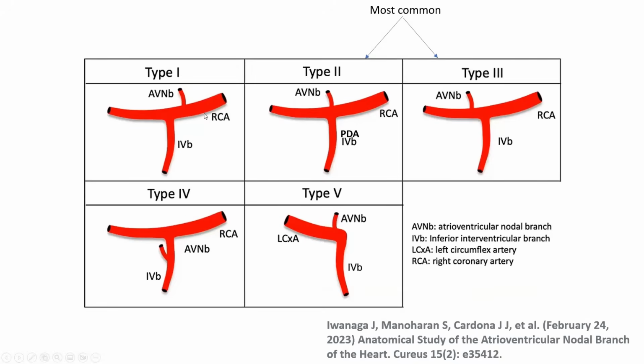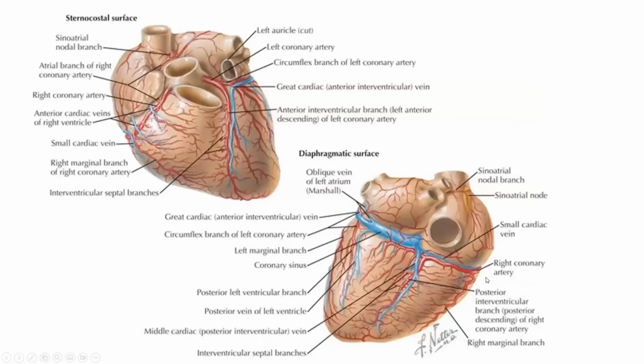This is an illustration of where the AV nodal branch arises. This is the PDA here, and the AV nodal branch arises around the PDA, whether before it or after it. It can arise from the left circumflex distally only when the circumflex is dominant.